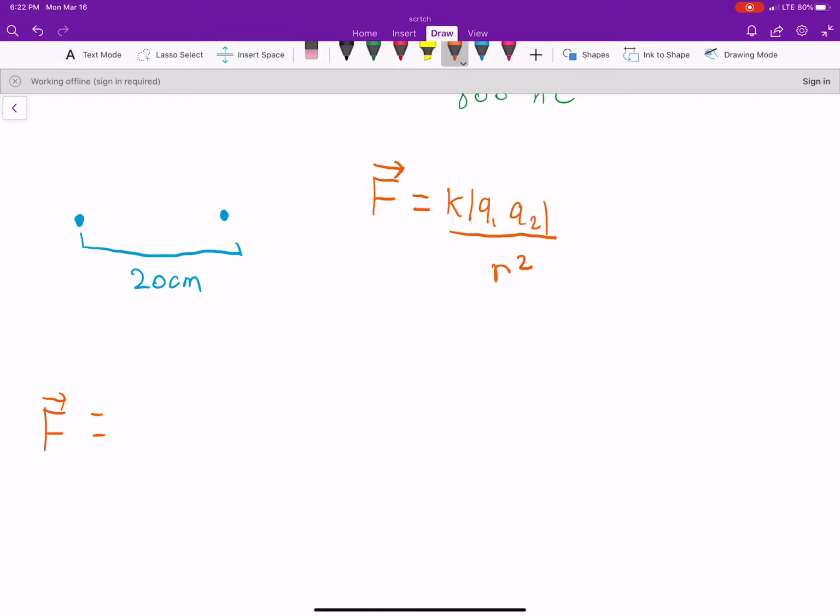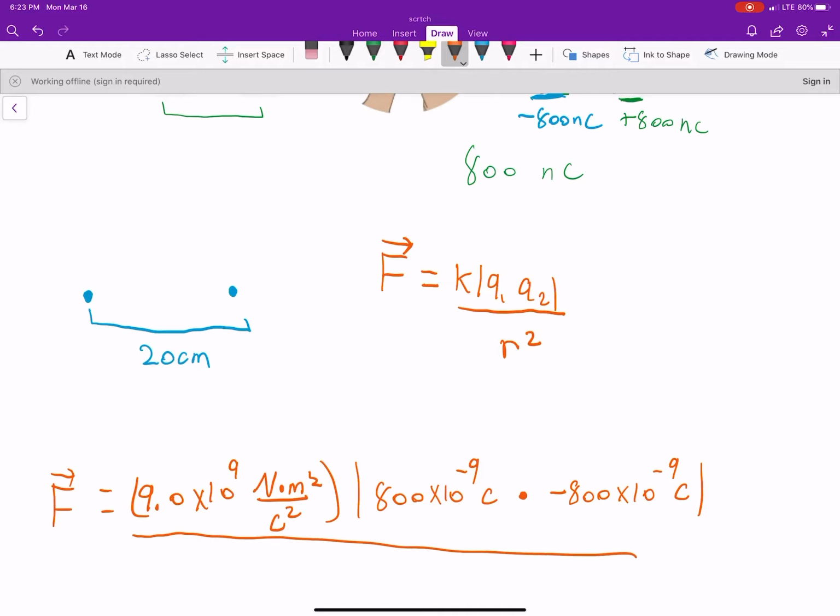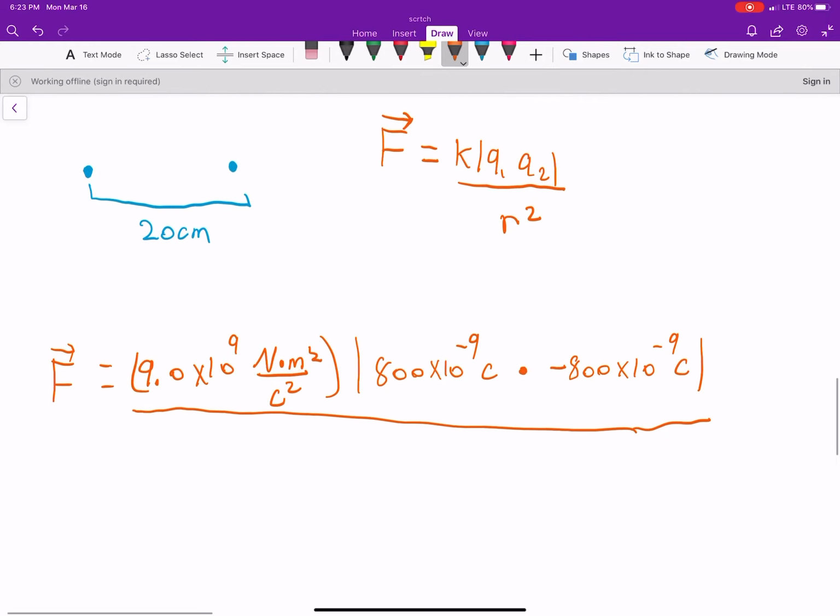Well, we'll start with K, our constant. We said that's about 9.0 times 10 to the 9th newtons times meters squared over coulombs squared, times the absolute value of 800 nanocoulombs, so that's times 10 to the negative 9th coulombs, times negative 800 times 10 to the negative 9th coulombs, absolute value, divided by the distance between them.